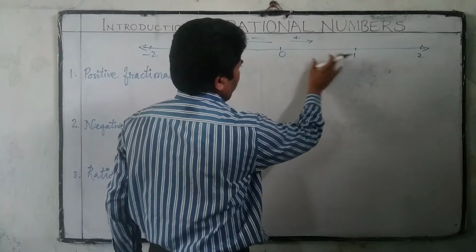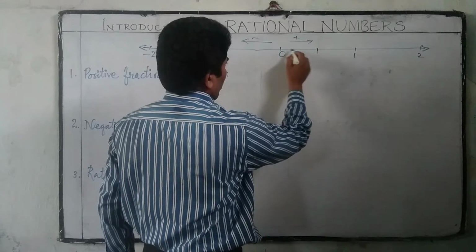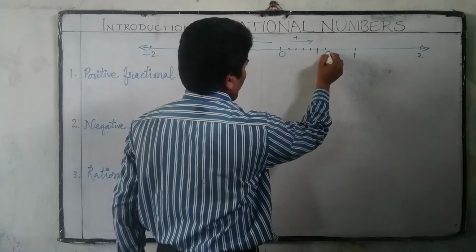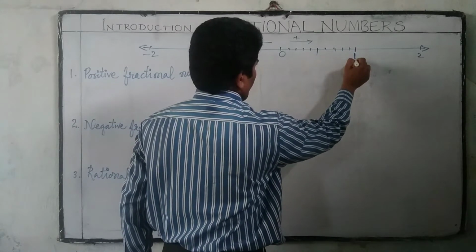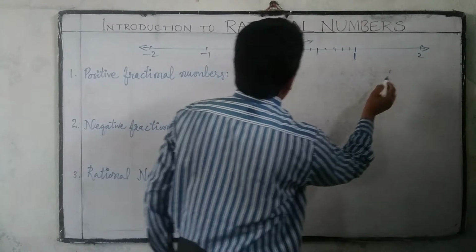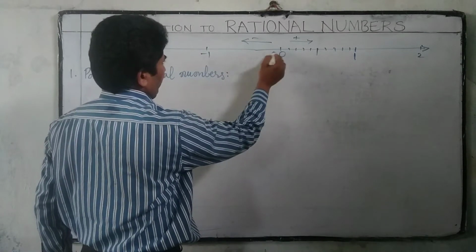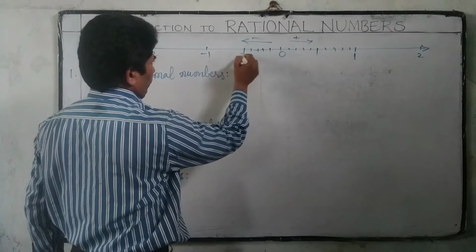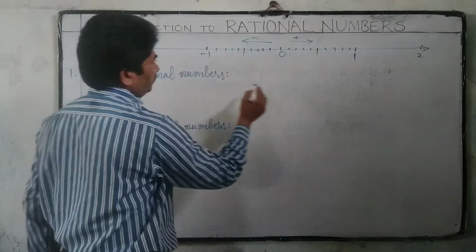We are making this 0 to 1 into 10 parts. 1, 2, 3, 4, 5, 1, 2, 3, 4, 5. On left hand side also we are making 10 parts. 1, 2, 3, 4, 5, 1, 2, 3, 4, 5.